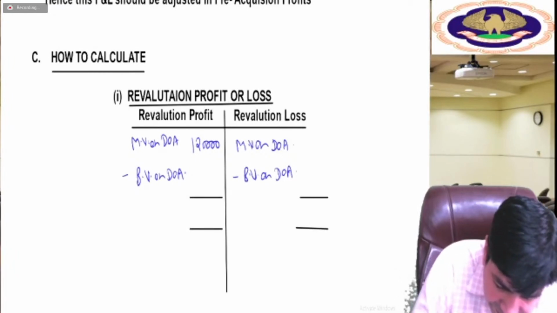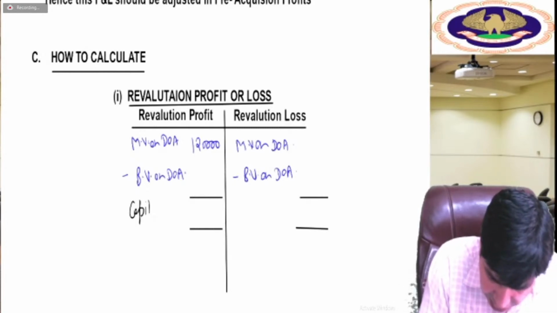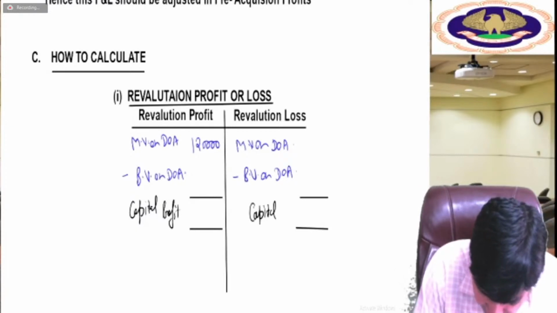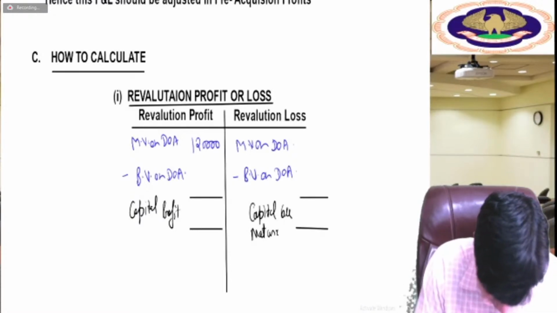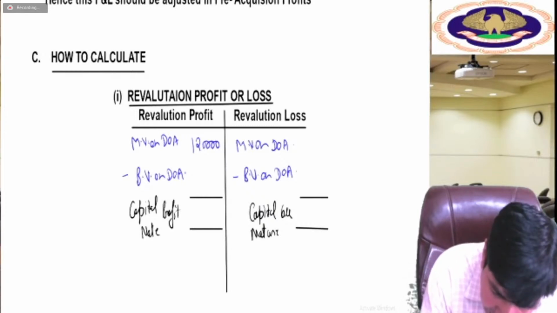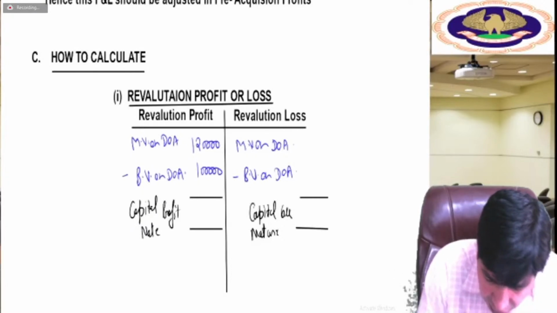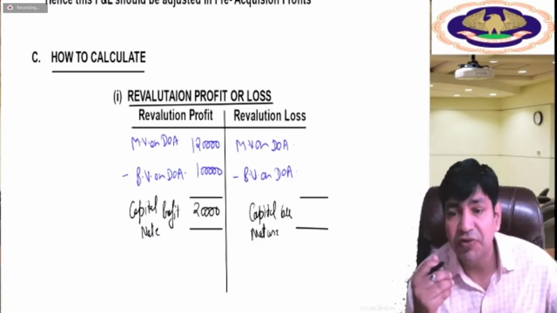While we are comparing these things, there will be either capital nature profit or capital nature loss. Suppose book value is 1 lakh. Of course, the profit will be there. Capital nature profit of 20,000 in the earlier example we discussed.